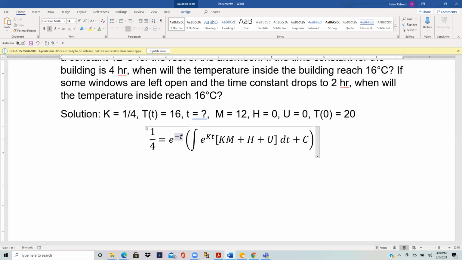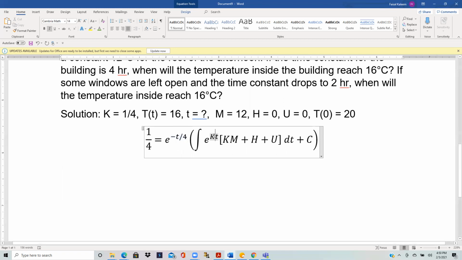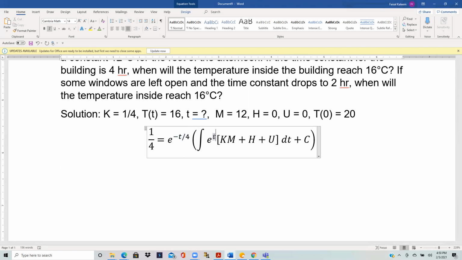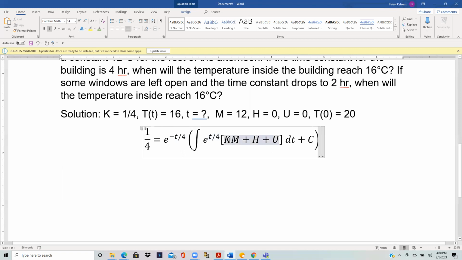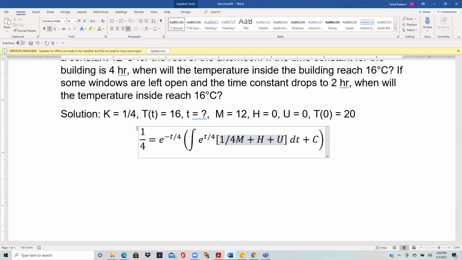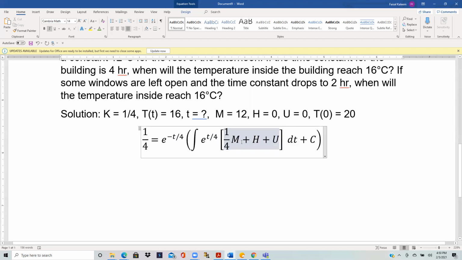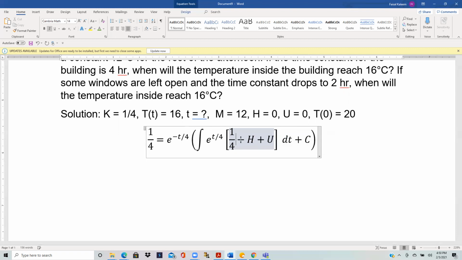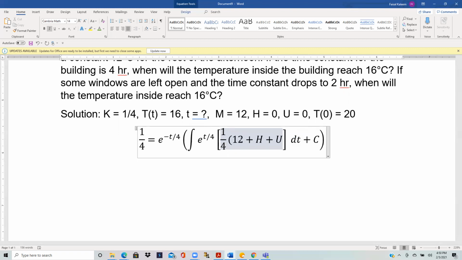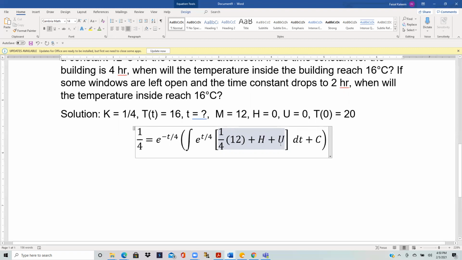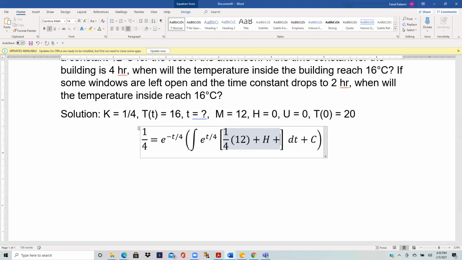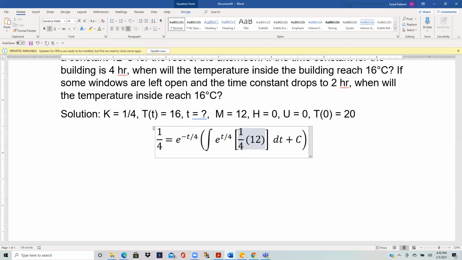So this will be negative t over 4 here. This would be 1/4 again, so it'd be t over 4. 1/4. M is 12. H and U are 0.